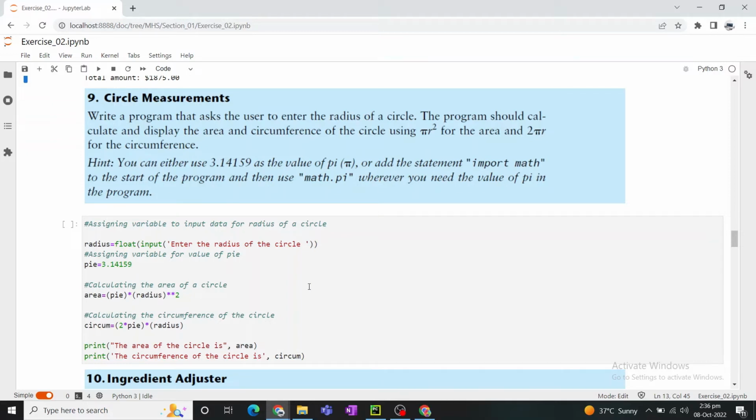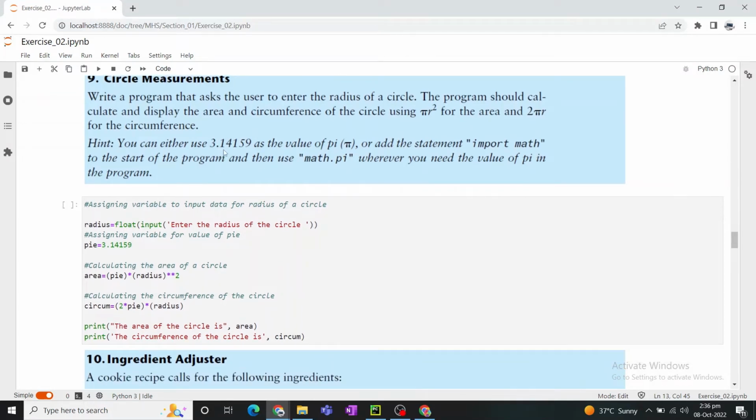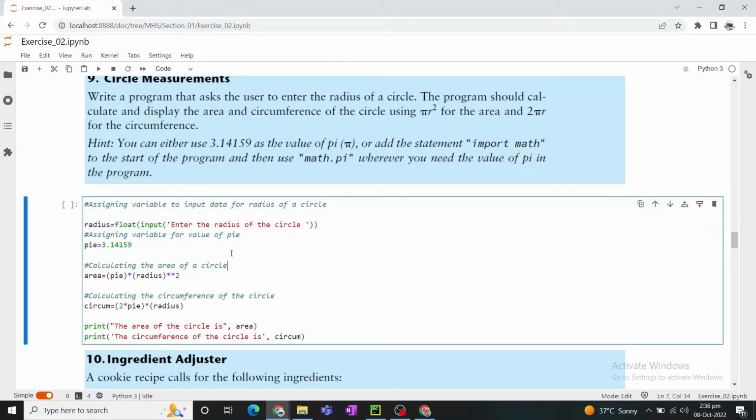Okay, so there are two ways. You can either enter 3.14159, which is easier. If we have to use scientific computing, or we have to move into trigonometry ratios, there is a pre-assigned library with the name math, and we can import it by writing import math. So we are not using import math over here.